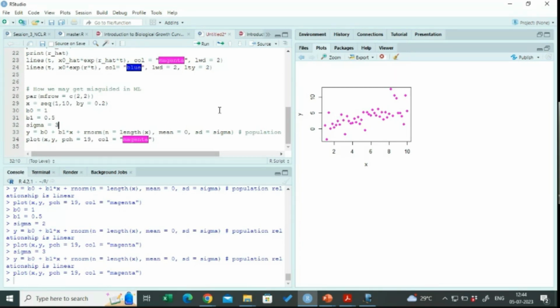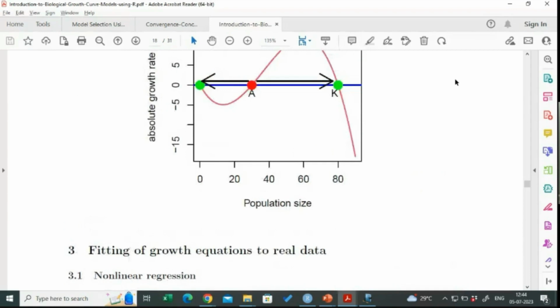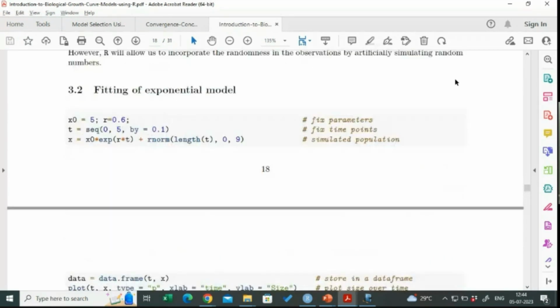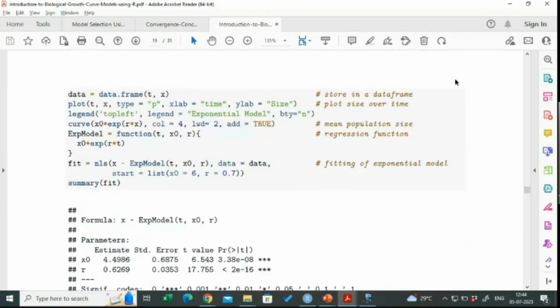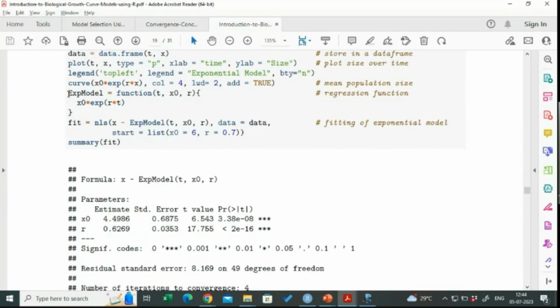So by this, what I have done here is I explained how we can solve differential equations with data. Then we have also learned how we can fit these differential equations. This is the solution of these differential equations and how we can fit it using the data.